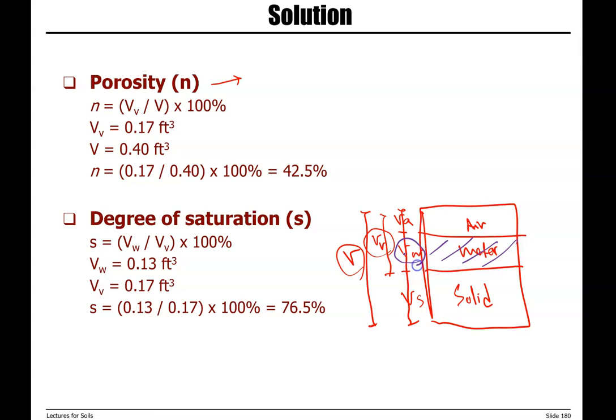So it's volume of water divided by volume of void times 100.